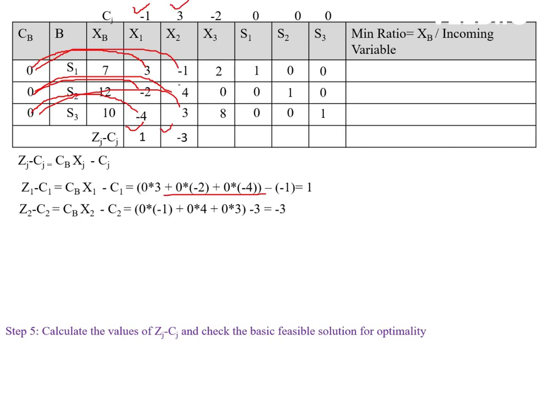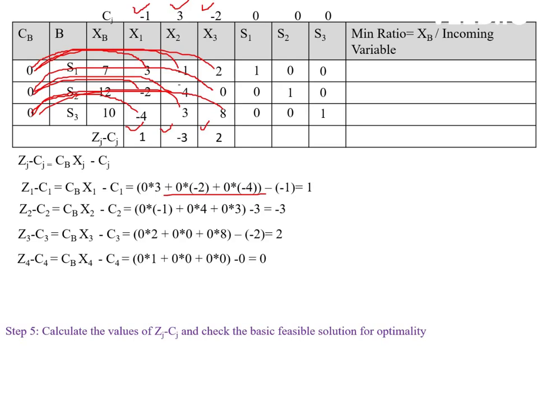Next we have to determine Z3 minus C3, which is equal to CbX3 minus C3. CbX3 will become 0 into 2 plus 0 into 0 plus 0 into 8 minus of C3. C3 value is -2. So the total value will become 2. So enter the 2 value here.